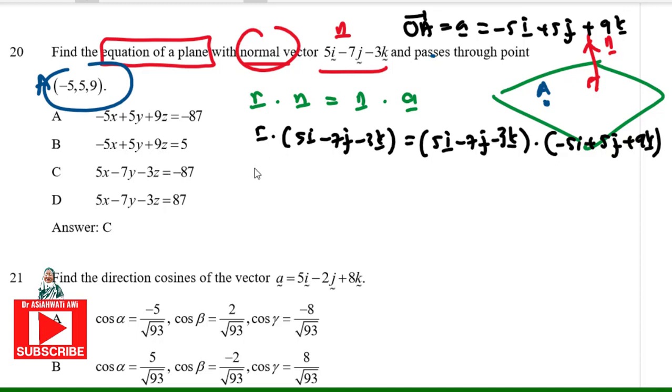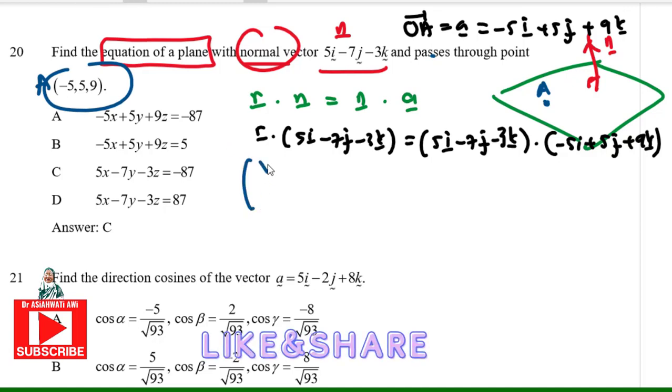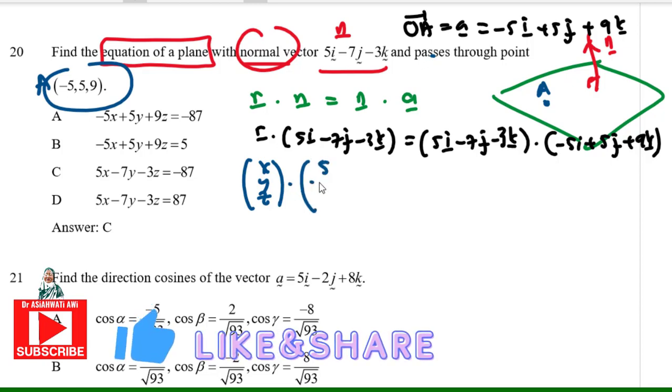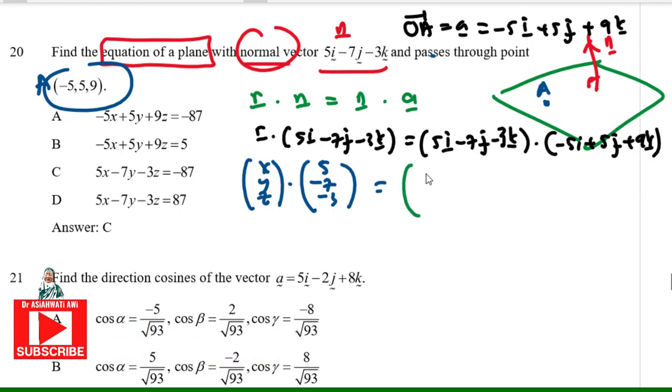So in this case, R is x, y, z at any point. In matrix form, 5, -7, -3 dot -5, 5, 9, and this one is 5x minus 7y minus 3z.